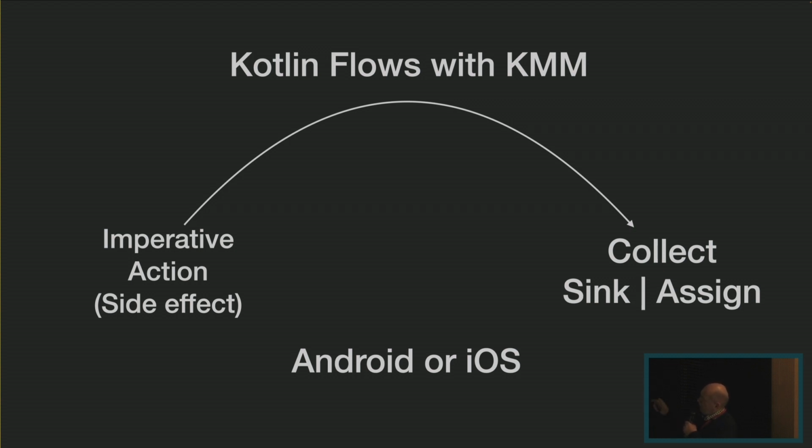But the idea is to have the description of the reactive pipeline in one language, and this language, in this case, is Kotlin Flows with KMM, because we can generate a binary for every platform interesting us, iOS or Android, with the same code.